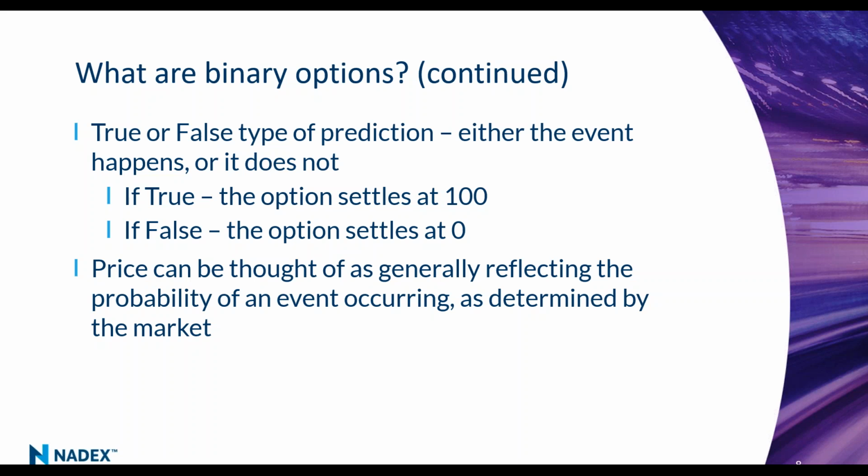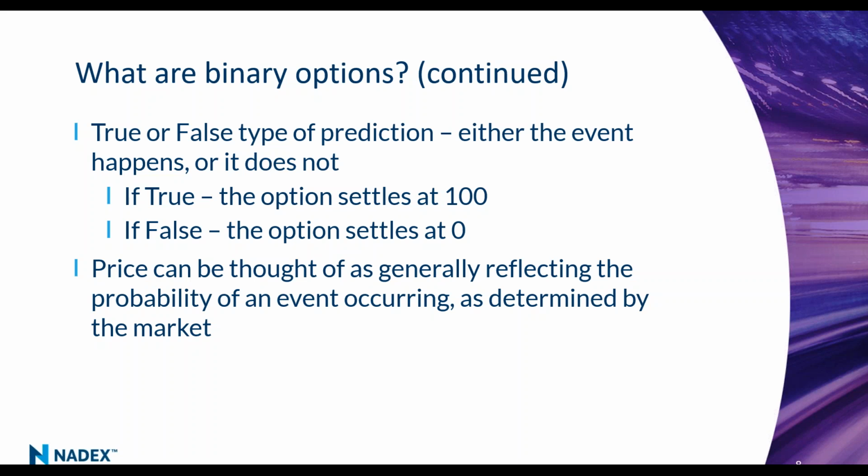So when you are trading a binary option, because it trades between 0 and 100, the price that you're actually trading, you can think of as reflecting the probability of the event being true, as determined by the marketplace. So if something is trading around 50, the market is pricing it as a 50% probability that it could be true, which means it's also a 50% probability that it could be false.